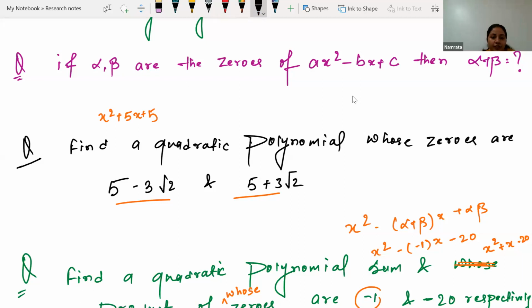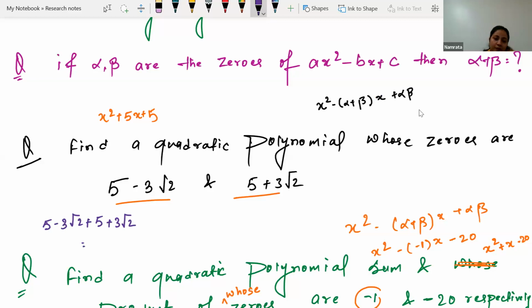So here we use the formula which we have written, x square minus sum of the roots x plus product of the roots. We can use it over here also. When we add these two roots, we will have 5 minus 3 root 2 plus 5 plus 3 root 2.